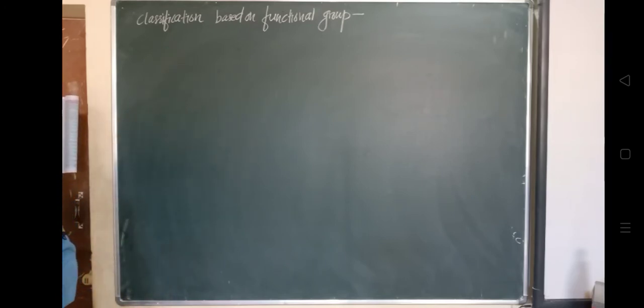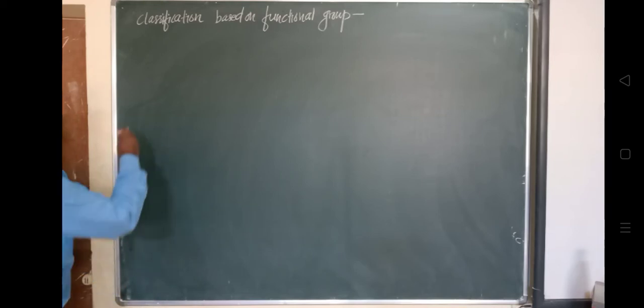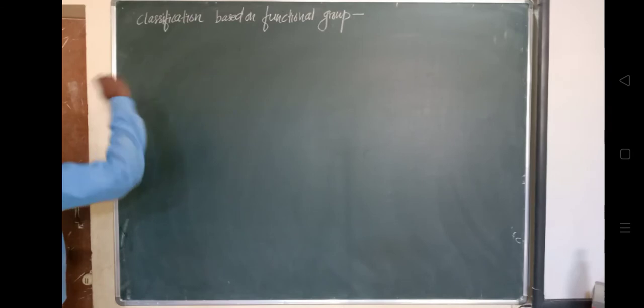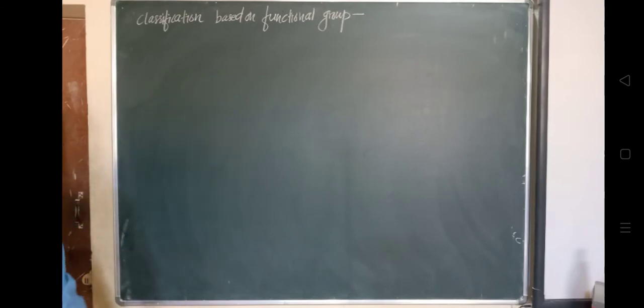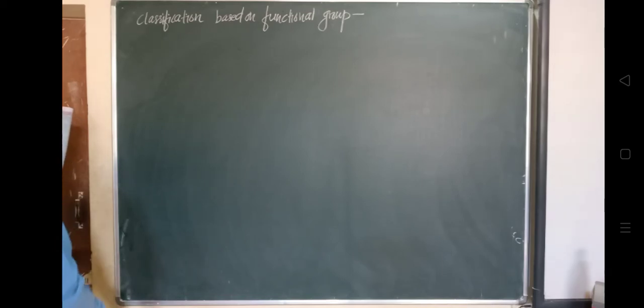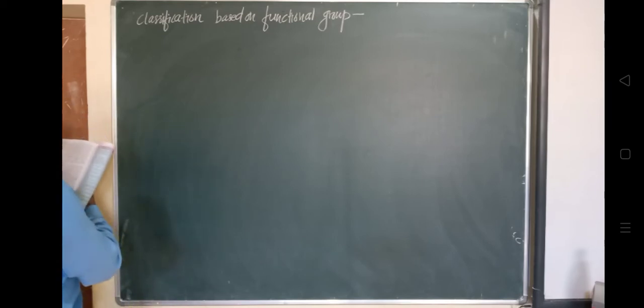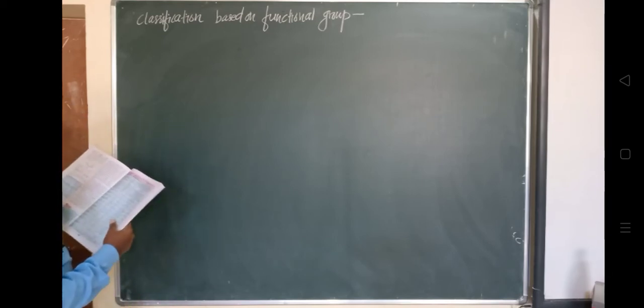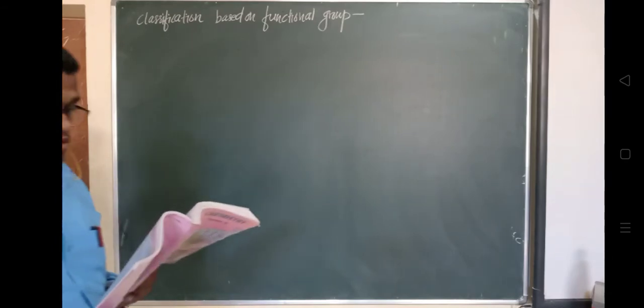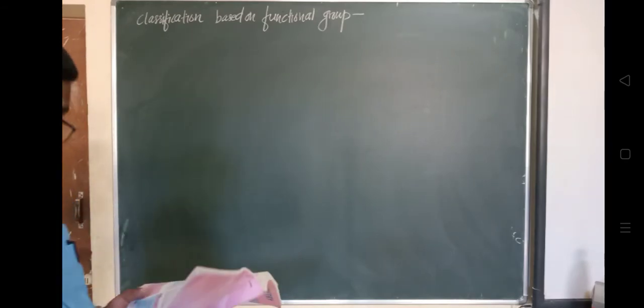For example, family of alcohols, family of halogen derivatives. We will see the different families and functional groups in detail in a table. Table 14.3 represents common functional groups with their names. You can see table 14.3, and I will show you in the video.